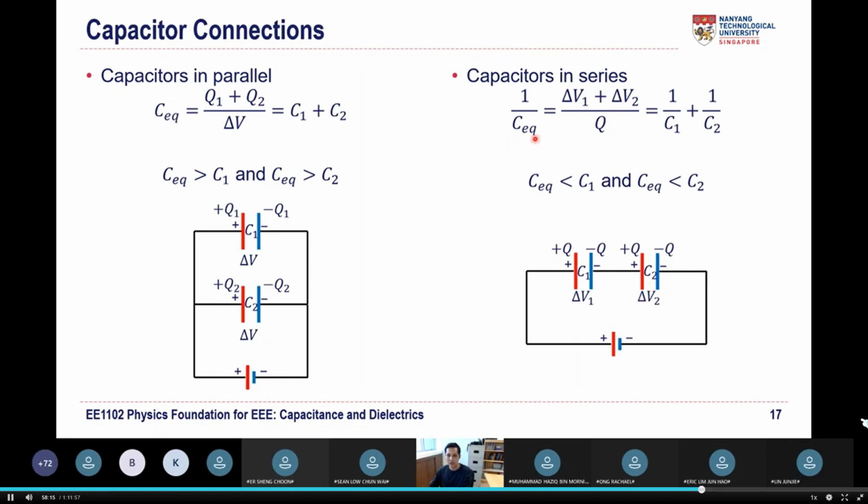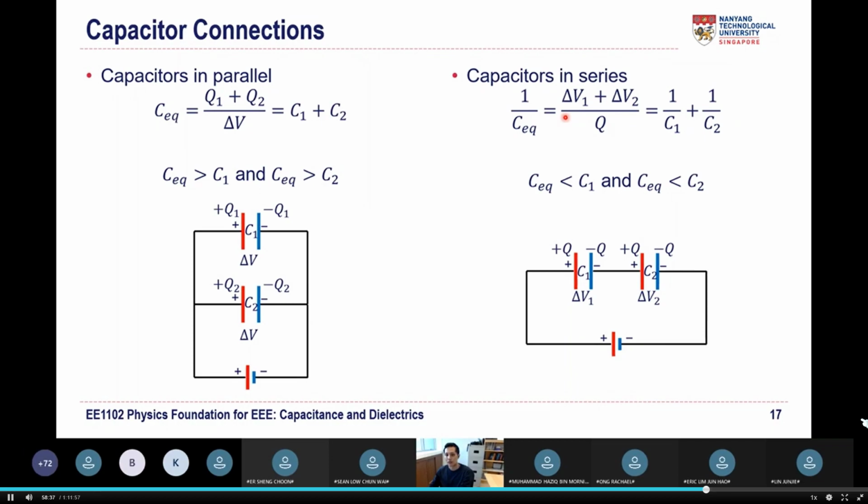So in order to get the equivalent capacitance, it has to be Q divided by delta V1 plus delta V2, because that's how much charge is stored on each of these two. The same amount of charge gets stored on both C1 and C2, and that is the charge that was drawn out from the electric potential source.